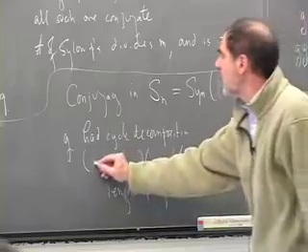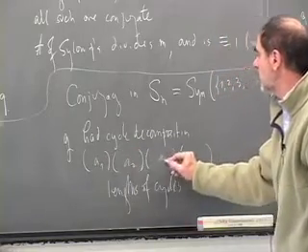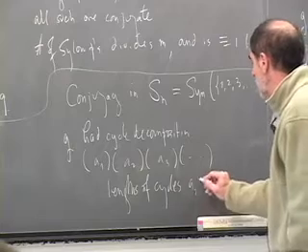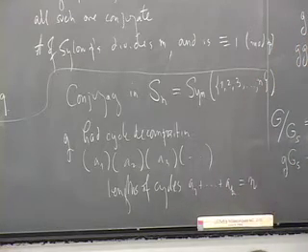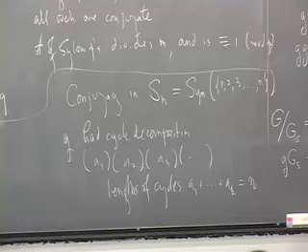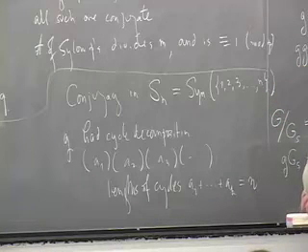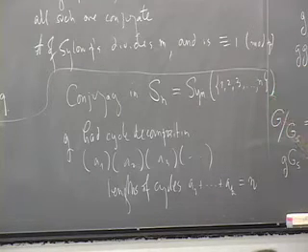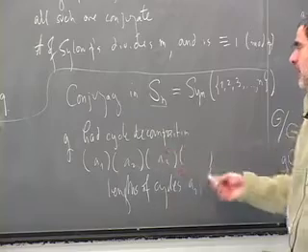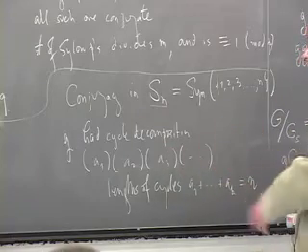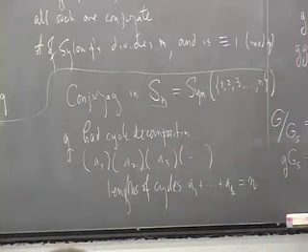If the cycles had lengths a1, a2, up to ak, then a1 plus through ak is equal to n, so it was a partition of n, and the cycle decomposition determined the conjugacy class. So two elements with the same cycle decomposition were conjugate, and we showed how to conjugate one into the other. So the different conjugacy classes in the symmetric group are determined by the cycle decomposition, and you can work out the order of an element and all kinds of things if you know the cycle decomposition, right?